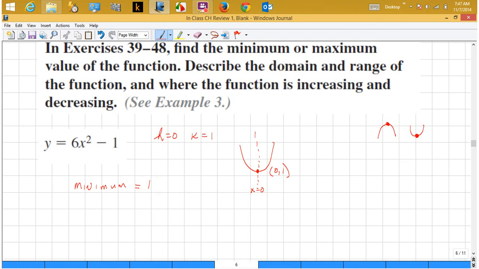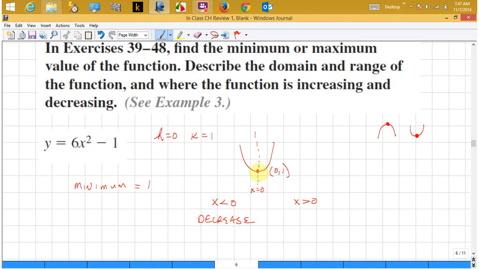It also says, where is it increasing or decreasing? Well, whatever it's doing on the left-hand side of the axis of symmetry, the opposite will be happening on the right. So what we do is we break this into two separate sides. The left of the axis of symmetry, where x is less than 0, and the right-hand side where x is greater than 0. On the left-hand side, you can see that we're going downward, so it's decreasing.